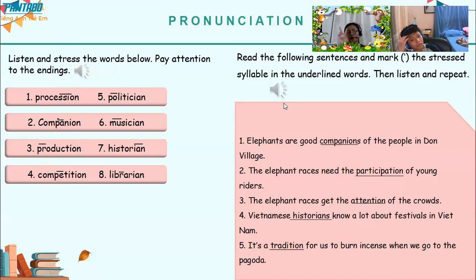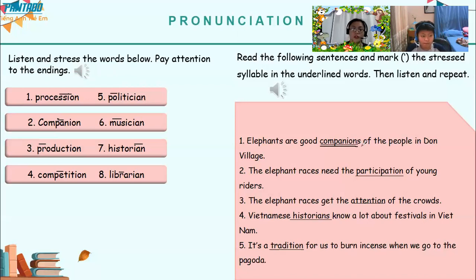Now we have activity number 2. Read the following sentences and mark the stress syllable in the underlined words. Then listen and repeat. So you got to look for the stressed syllable on the underlined words.